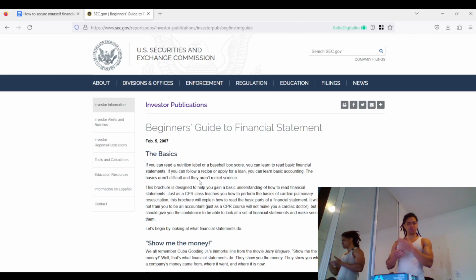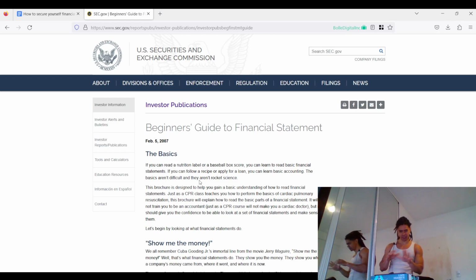Over the past couple of months, I dedicated time to read and understand this beginner's guide to financial statements provided by the SEC, the Securities and Exchange Commission, where they mention that if you're able to read nutritional labels or read a baseball box score, or if you know how to follow a recipe, or how to apply for a loan, you can learn the basics of accounting.